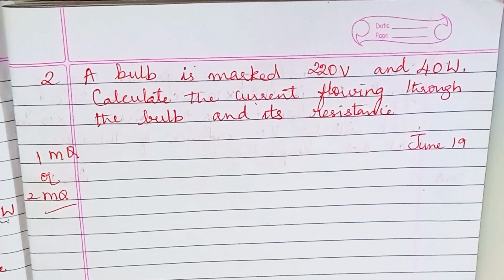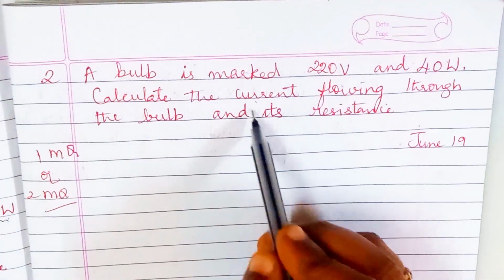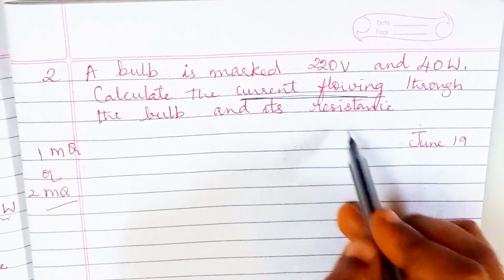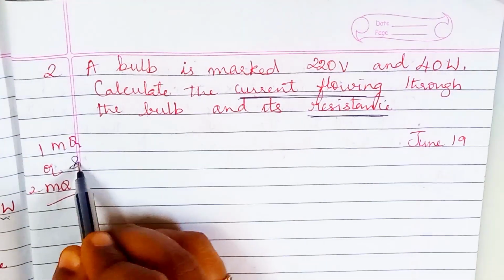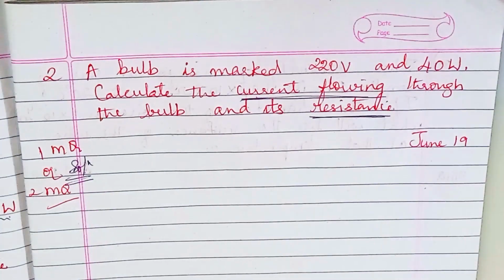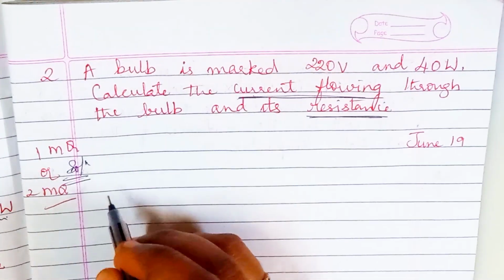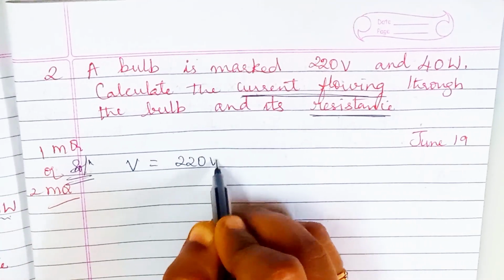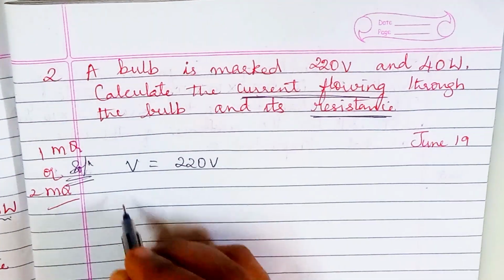This is very easy. They are asking only 2 things. One thing, they are asking you to calculate the current flowing through the bulb, and the resistance. Now, whatever is given, that is nothing but what? V is equal to 220 volt. Then they have given power.